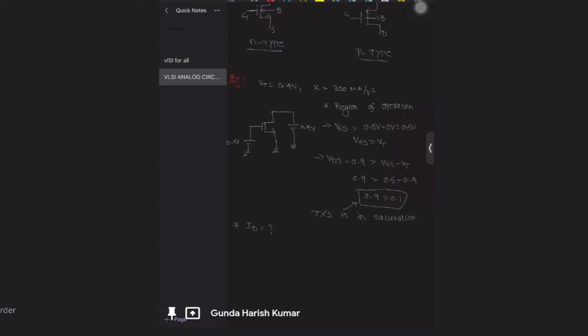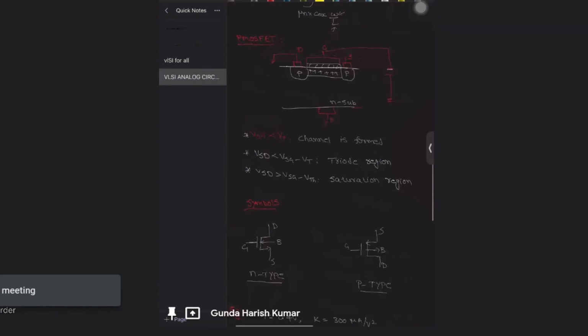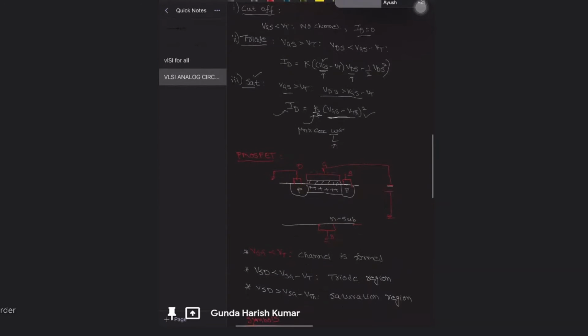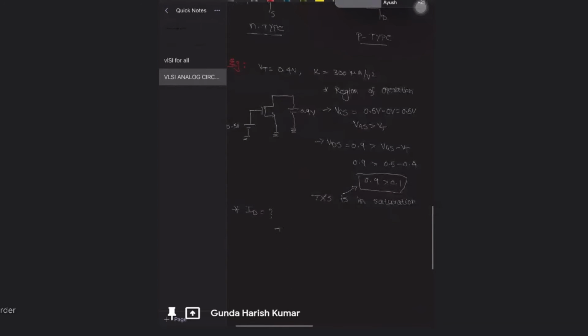Now what if we come to the current ID? What is ID? ID we have seen in the equation K by 2 into VGS minus VTH whole square. So ID equal to K by 2 into VGS minus VTH whole square in saturation region.